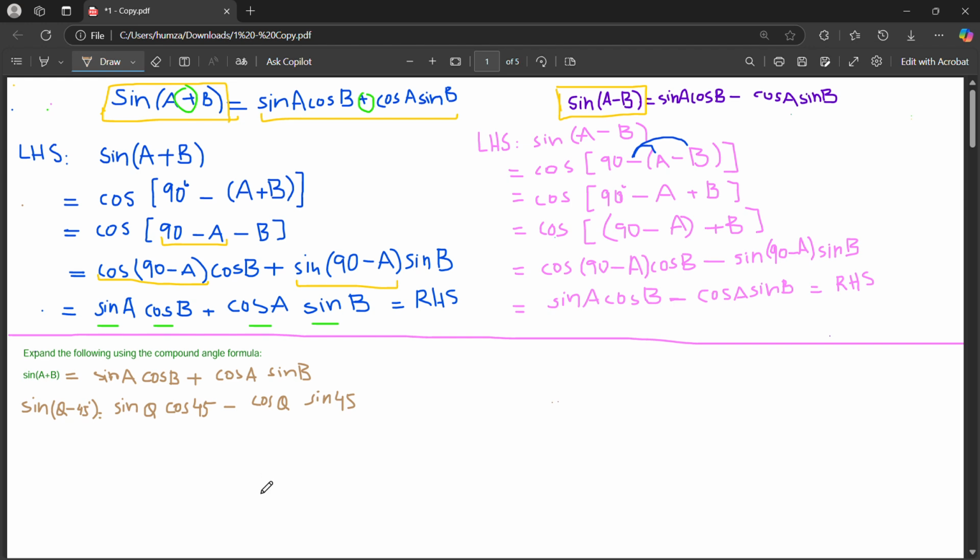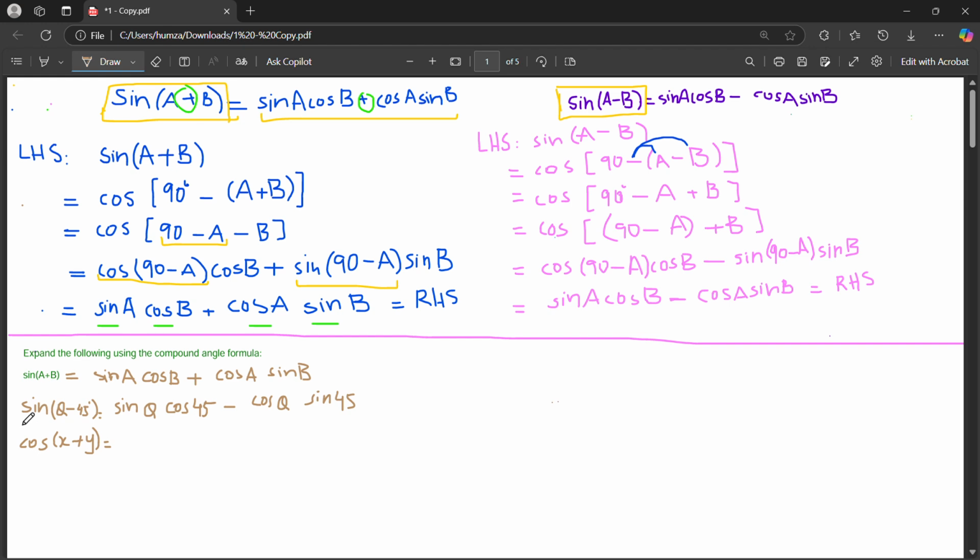They could give you something like cos x plus y. Now please note we are looking at the cos compound angles here and not sin. The rules for sin and the pattern for sin is different from the cos.